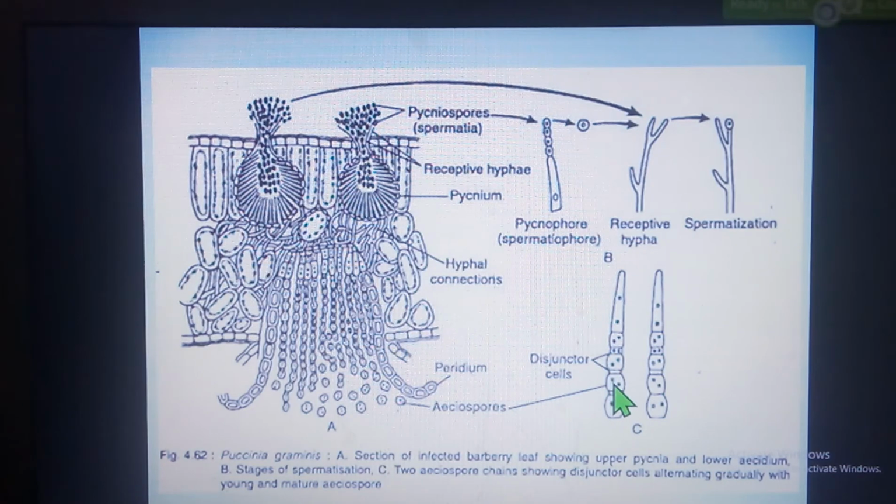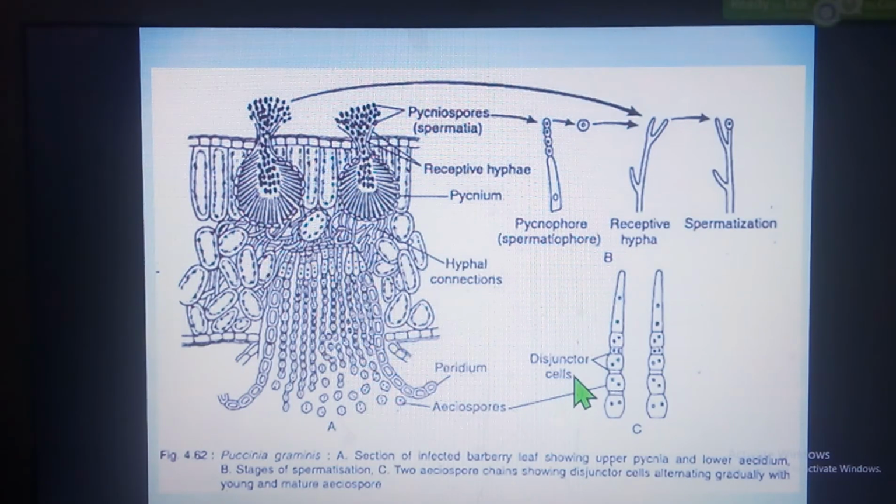They are dikaryotic, you can see here two nuclei. So these large cells will form the aeciospores, whereas these very small ones will become sterile, and they are known as the disjunctor cells.